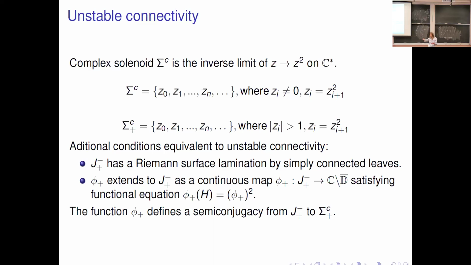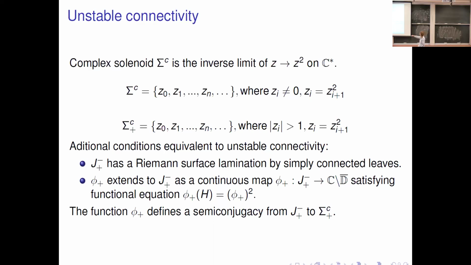And topologically it is the same solenoid times just an extra direction. But if you look at the group structure, it has complex structure. So this is the complex solenoid. I'm going to take half of this complex solenoid: the points that are greater than 1 in absolute value.